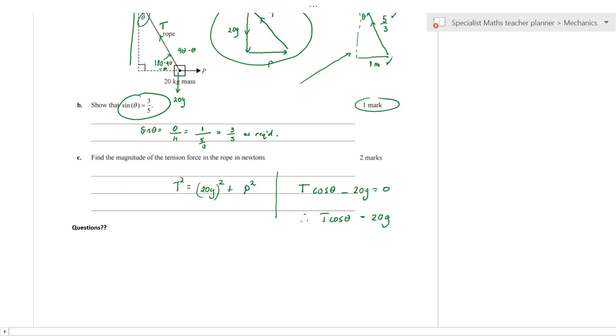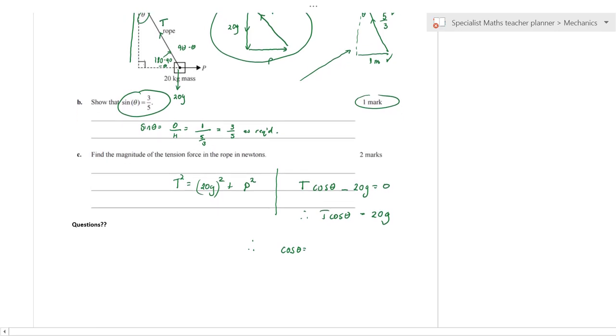And therefore, since this is a Pythagorean, cos theta is, well, we've got a 3, 4, 5 triangle. This is why I've talked about this. If the opposite is 3 and the hypotenuse is 5, then of course we've just got a Pythagorean triangle. So cos theta is equal to 4 on 5.